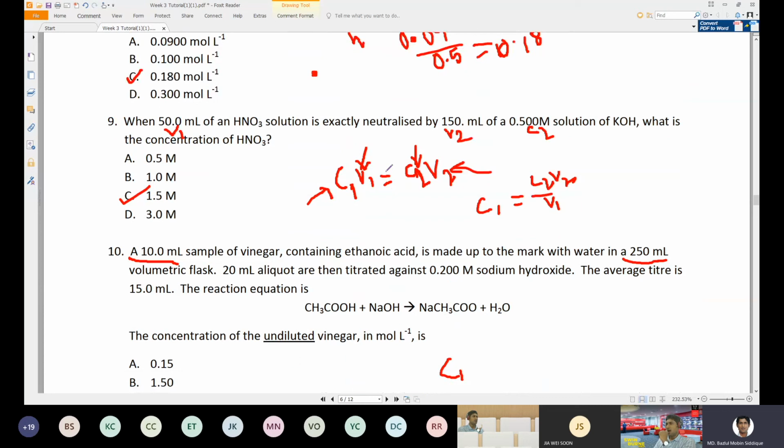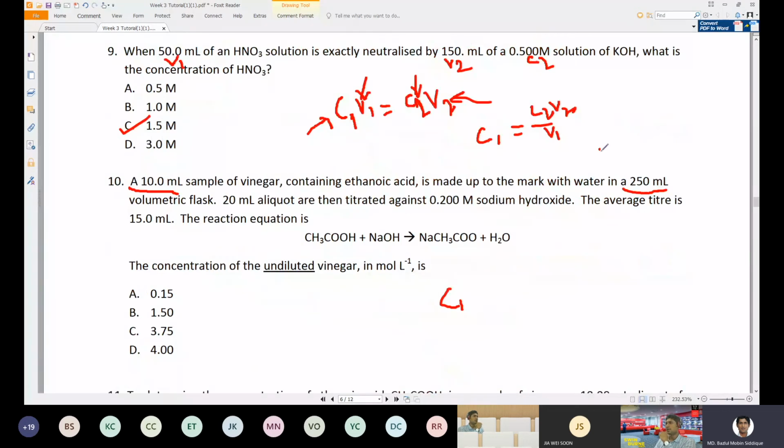or N1, M1 equals N2, M2. Some students know it by this formula, but this is the same thing actually.